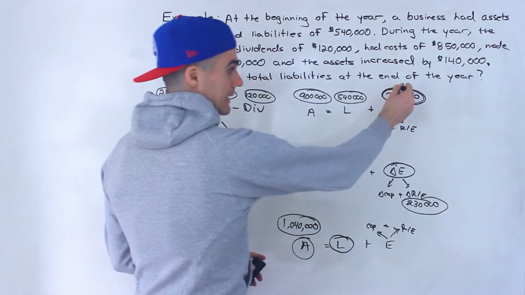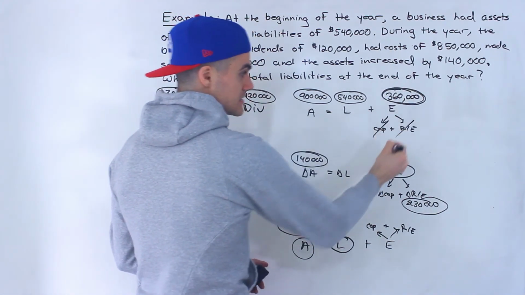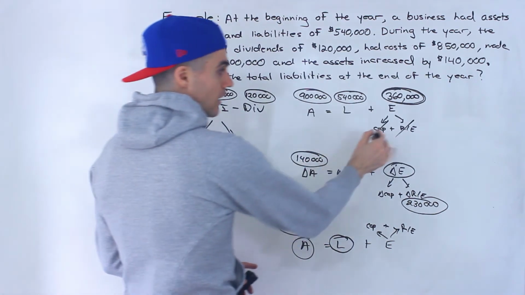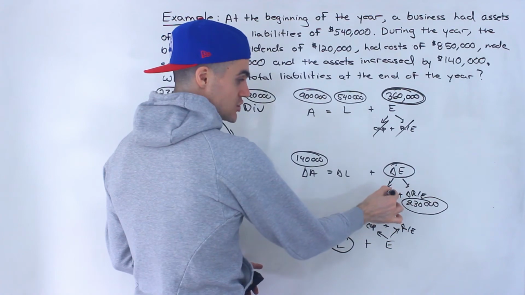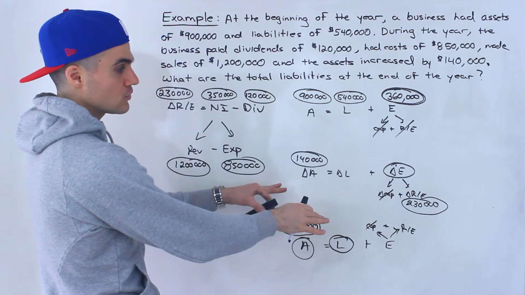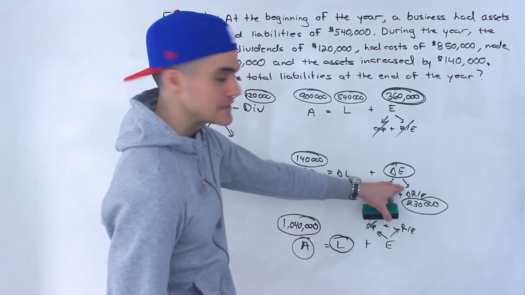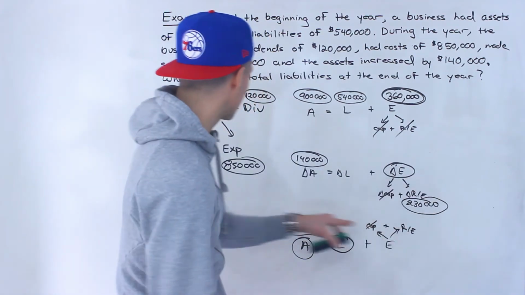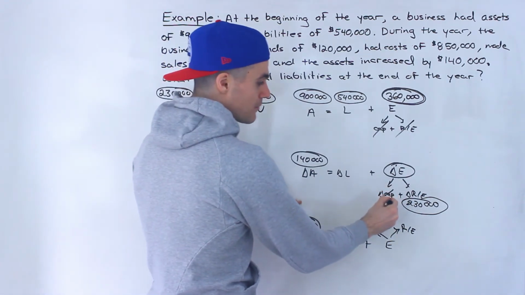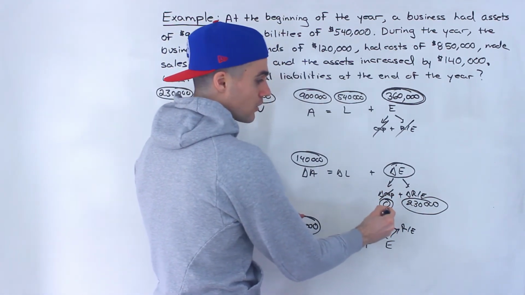So we have the beginning equity. This stuff we're not given. Now notice that we're not given the capital, we're not given a change in capital, and so we're assuming that's just staying constant the whole time. But we are given a change in retained earnings, or we weren't given it, we figured it out over here. And because we're not given a change in capital, we assume that it's 0.